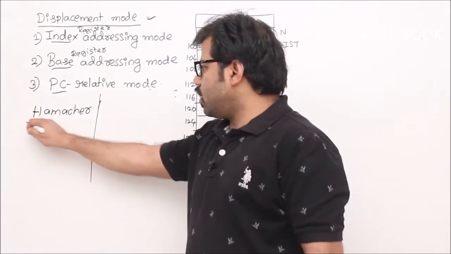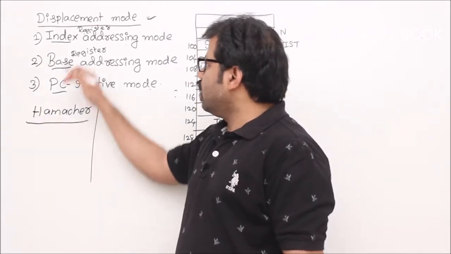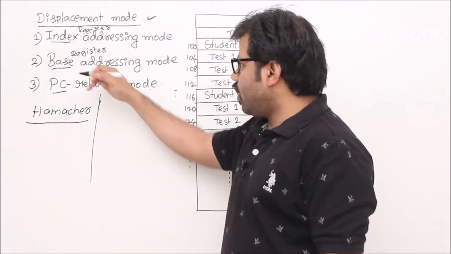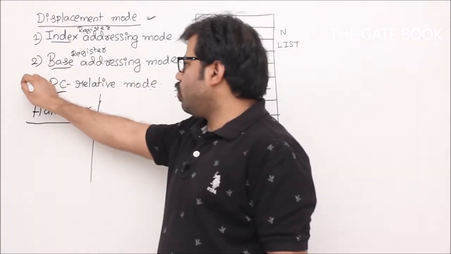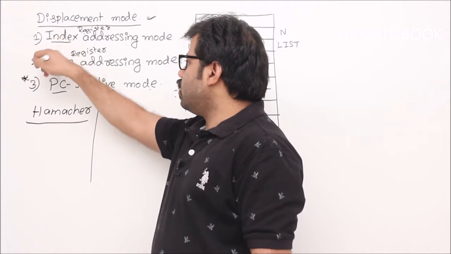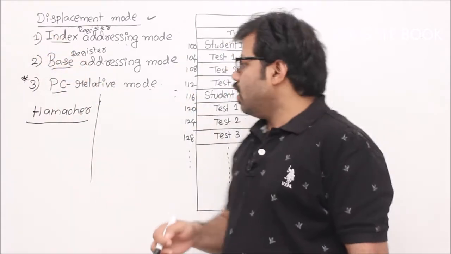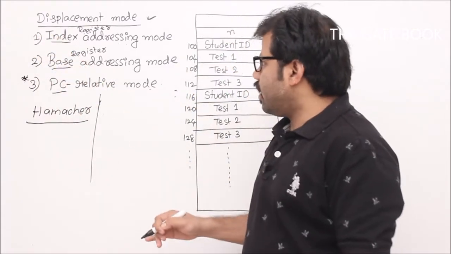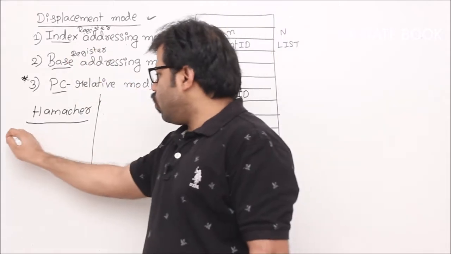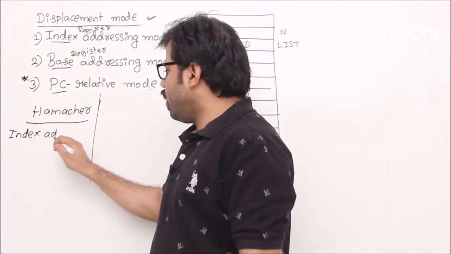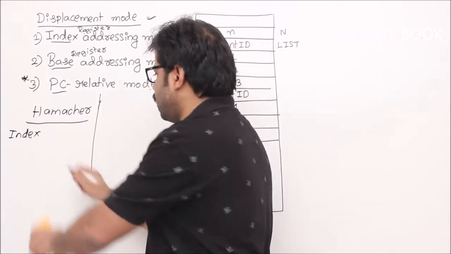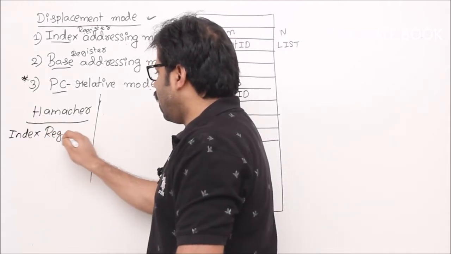First we will try to understand, according to Hamacher, what index register addressing mode, base register addressing mode and PC relative mode are. Of course, PC relative mode is the same everywhere, but these two are ambiguously defined. Hamacher's idea is like this: there is only one addressing mode according to him, that is index register addressing mode.